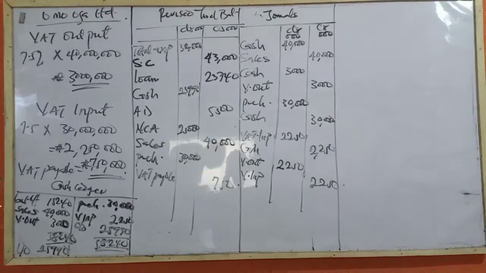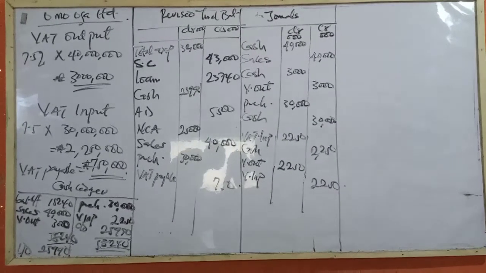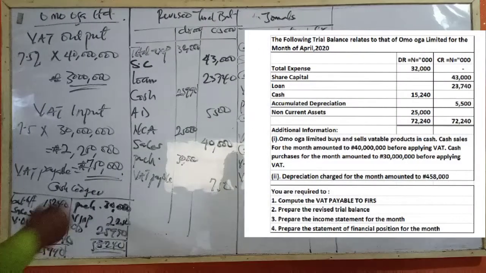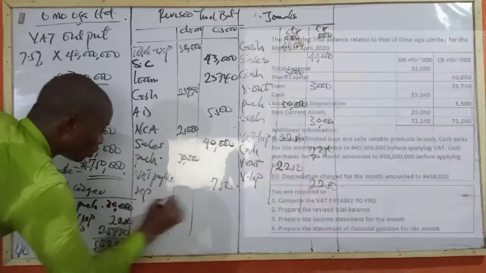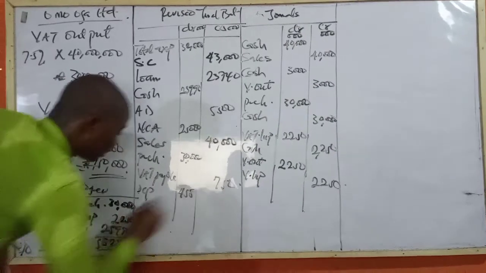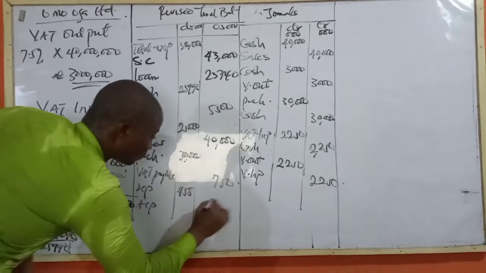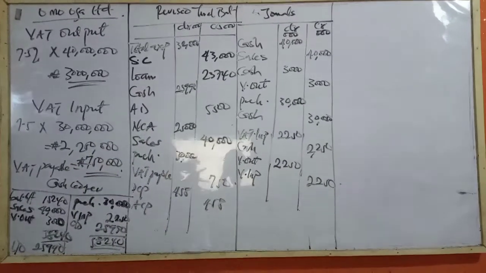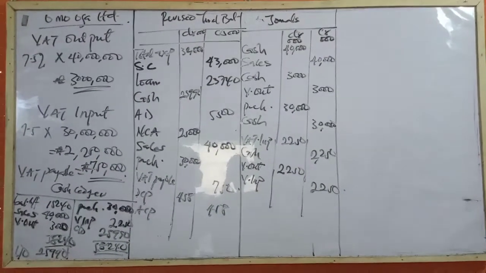What about there's depreciation here? Depreciation here is 458. So that means we're going to have depreciation of 458. Then accumulated depreciation will be 458. So let's check if there's anything.